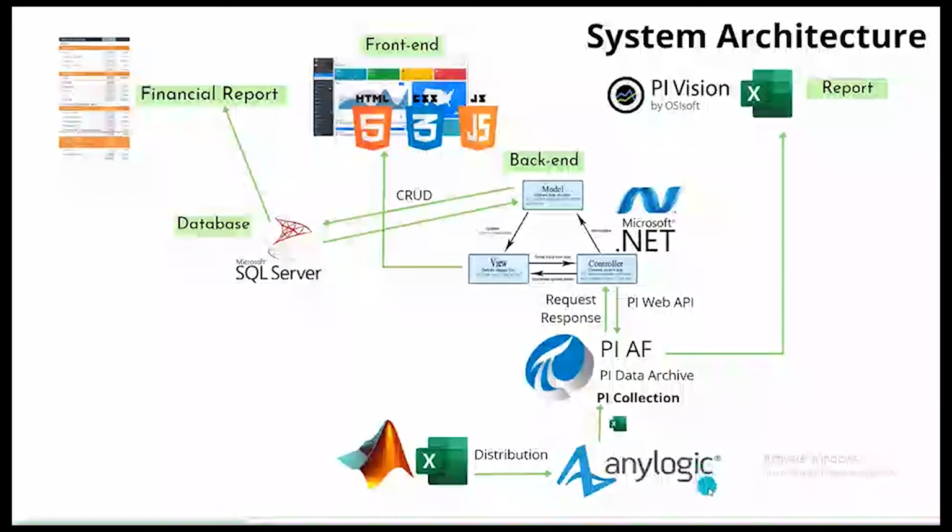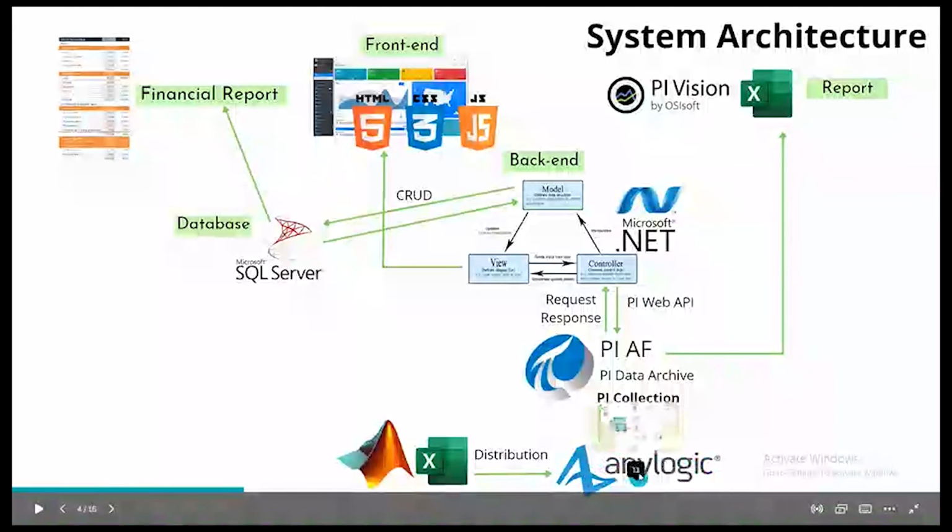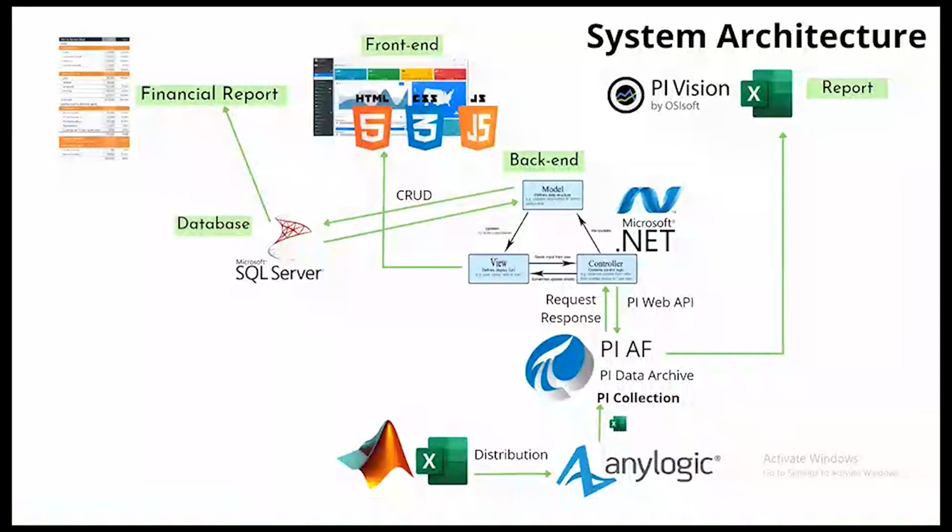After we finish our simulation with AnyLogic, the data is exported as an Excel file into our PI Archive, which is the data archive and collection. This is part of the controller of our application. In this part, we can also use PI Vision to pull a report directly.